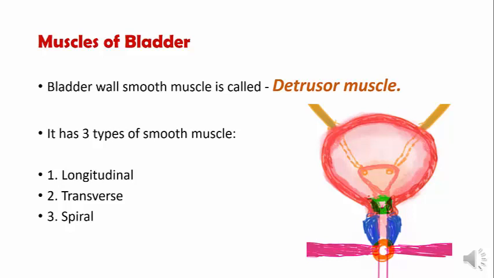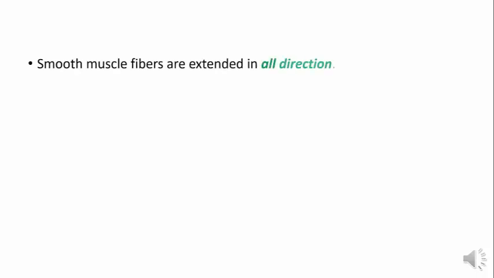So we have smooth muscle, called detrusor muscle, and it has 3 types of smooth muscles, that is longitudinal, transverse and spiral smooth muscles. Now the smooth muscle fibers extend in all directions: longitudinally, transversely and spirally.